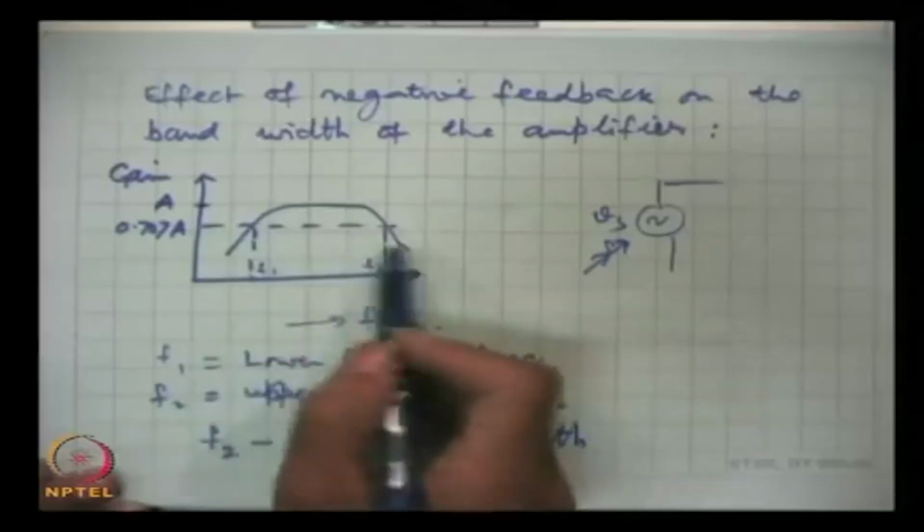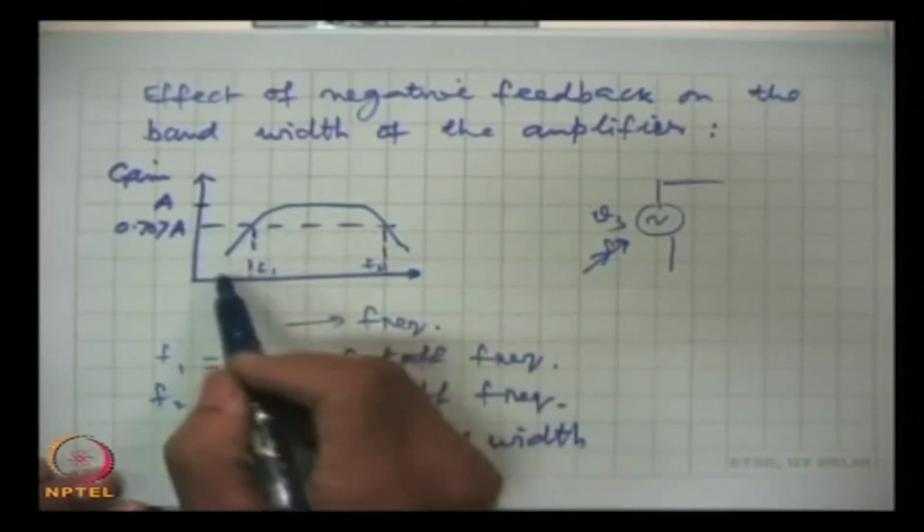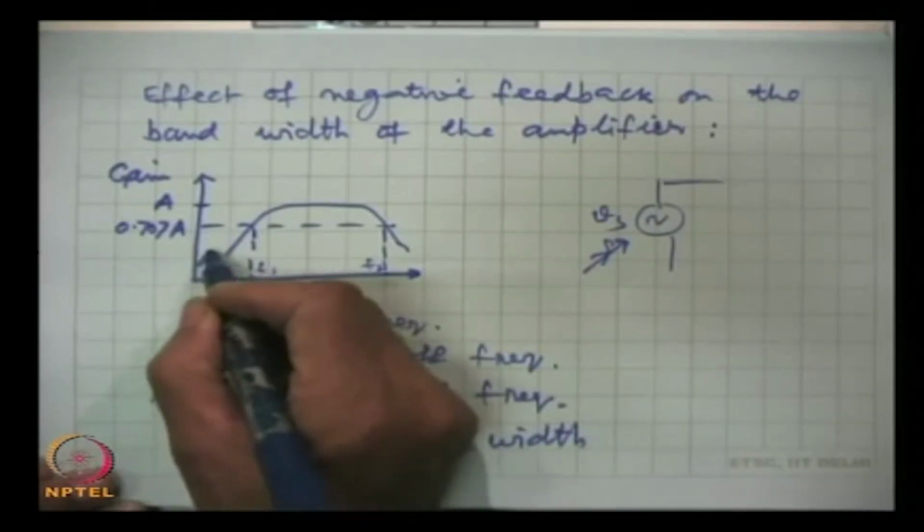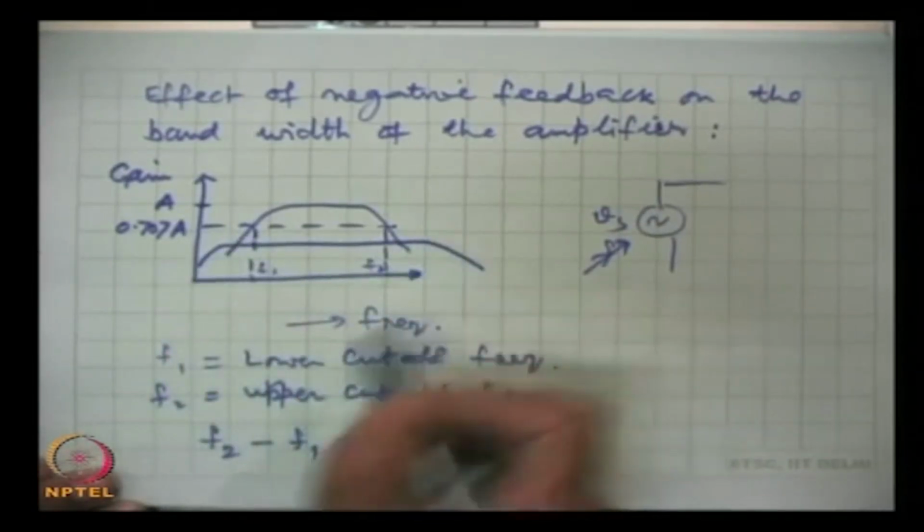So, accordingly that circuit has to be designed, and negative feedback enhances. This is one of the techniques. Incorporation of negative feedback enhances the bandwidth. That means, if this is the bandwidth without feedback, then with feedback, for example, this may be like that.